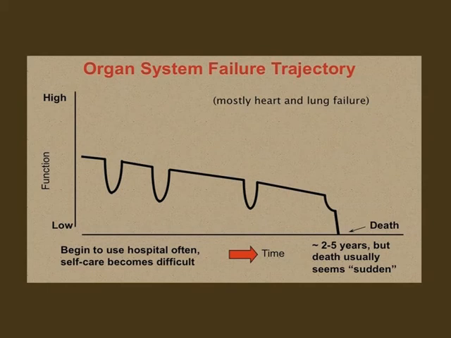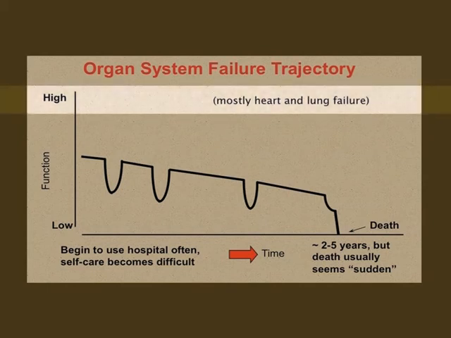Now, going to another example of the dying trajectory, in the next slide you can see the organ system failure trajectory. Here, the patients suffering from heart and lung failure come under this category. As you can clearly see in the graph, initially the functioning level of the person is high, but then there is a sudden decline.